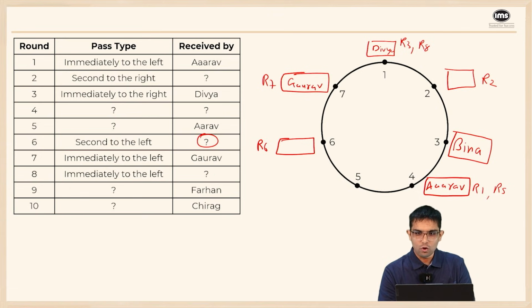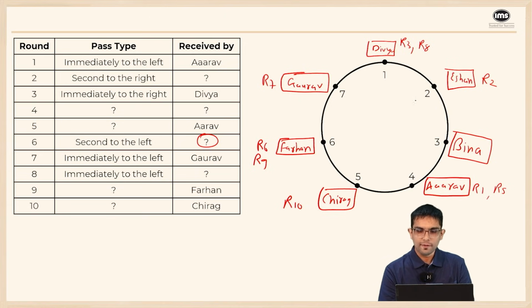Now Farhan cannot pass it to Chirag. Hence the 6th chair has to be Farhan. And then Farhan passes to Chirag. This is round 9. Round 10, Chirag gets it. So of course this chair which is remaining has to be Ishan.